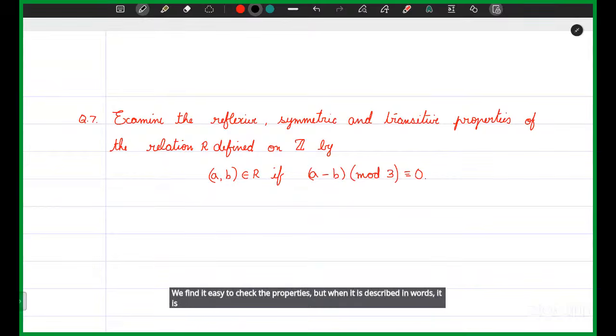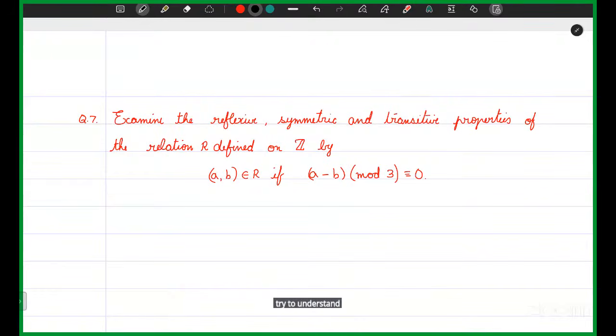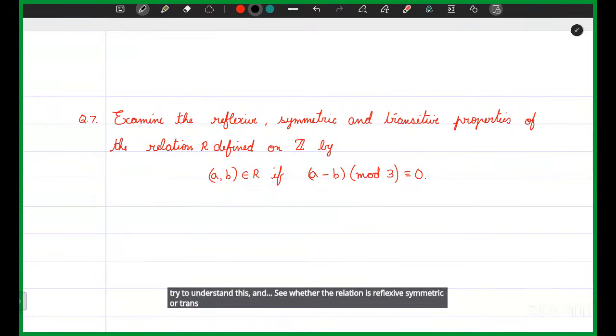So this is one question where it is not described as an explicit listing of elements. So try to understand this and see whether the relation is reflexive, symmetric, or transitive. Whichever properties are satisfied, you let me know at 9:30. We'll resume.